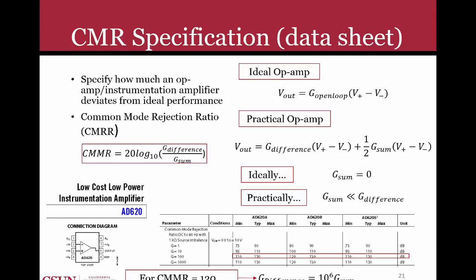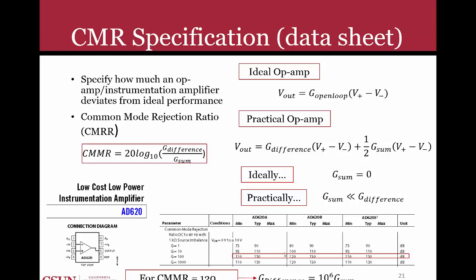So for a common mode rejection ratio of 120, what does that calculate in terms of the relative differences in G difference and G sum? You just get 120, plug it in over here, divided by 20, and you're going to get 6 equals log base 10 of G difference over G sum.